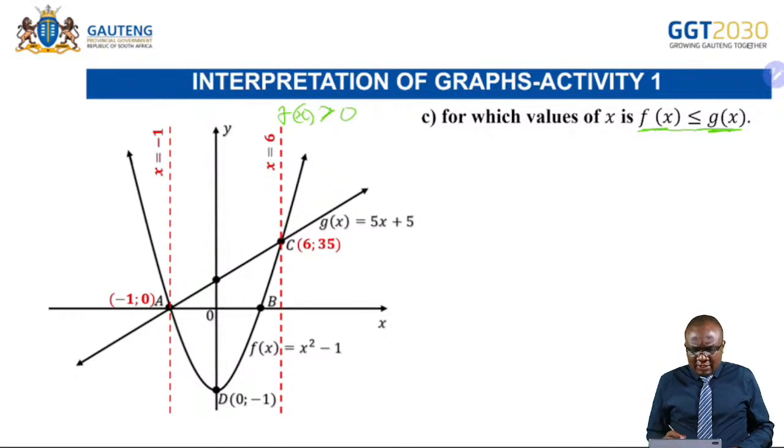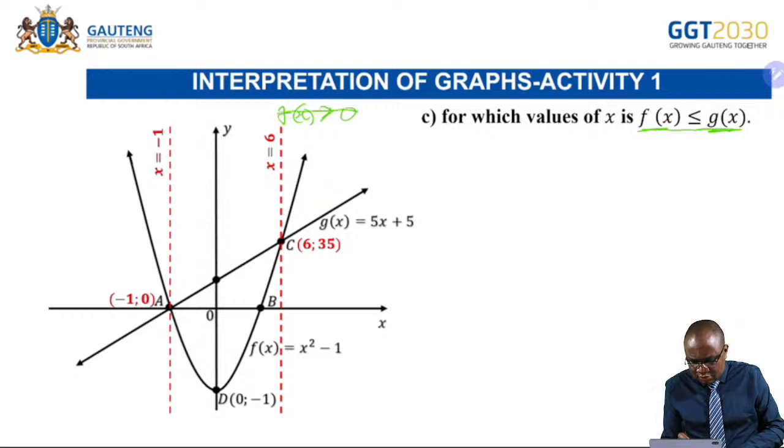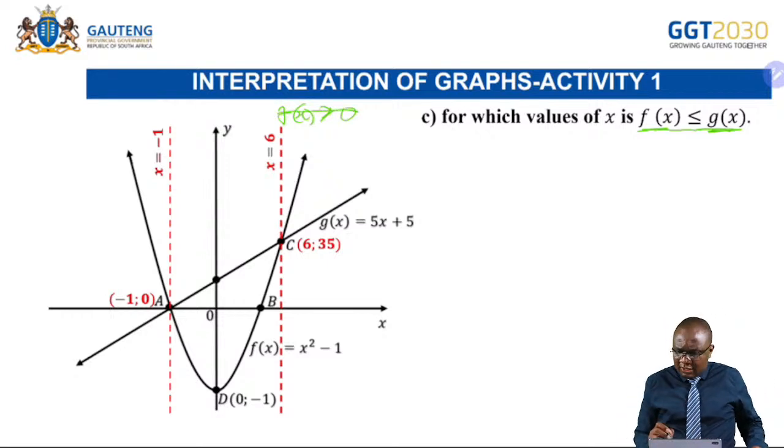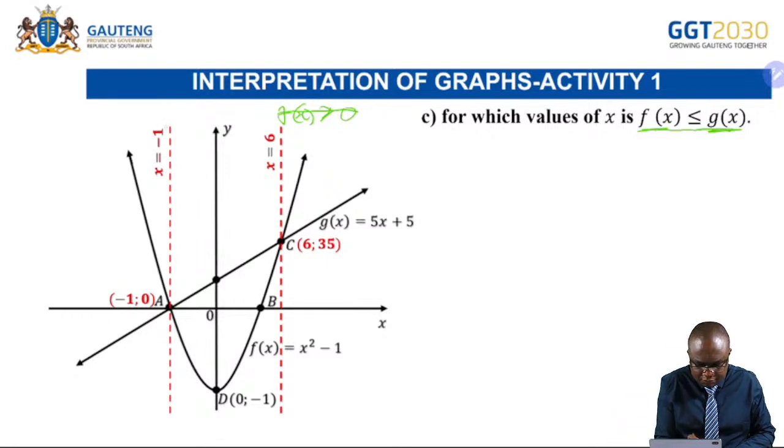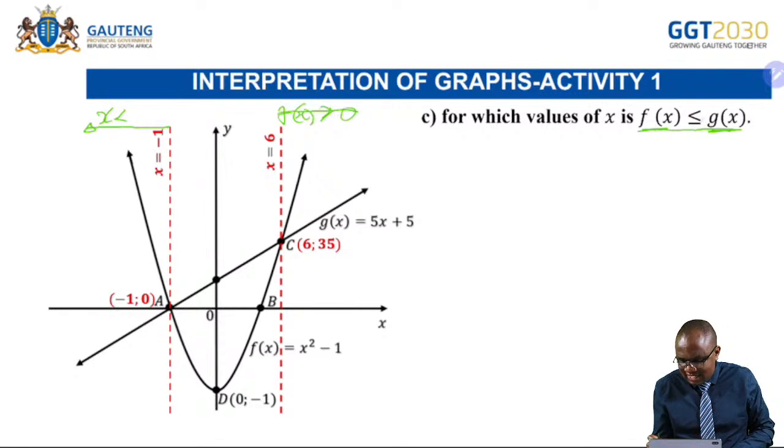Where is f of x below g of x? Okay, right, now let me just cancel this. I don't want to use an eraser because it may confuse me. Right, now where is f of x below g of x? Okay, right, let's look at this region here going this way. This is x less than, they said less than or equal to. Okay, so let's take note of that. I'll also say less than or equal to -1.